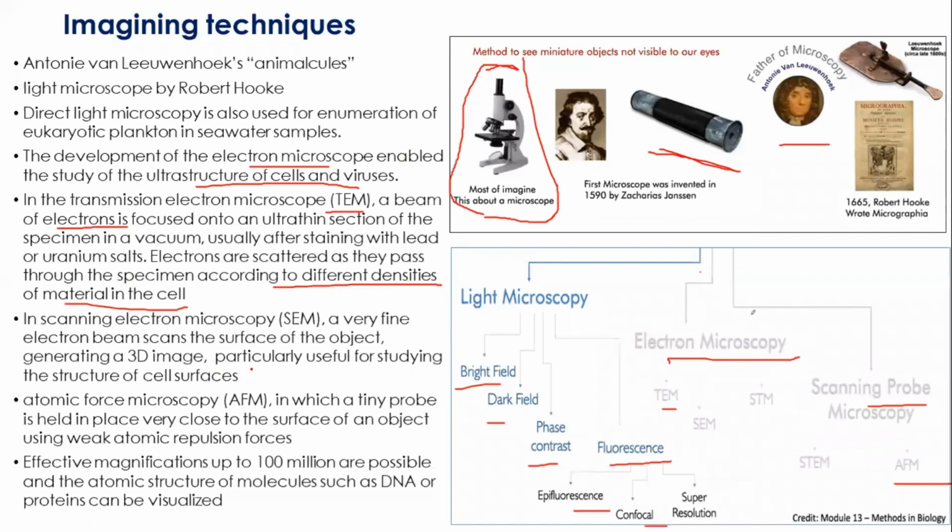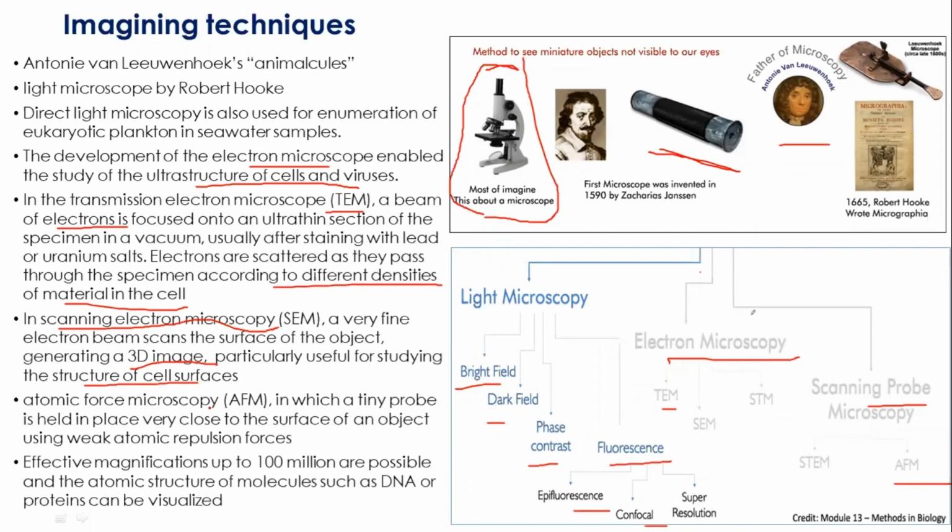When we talk about the SEM, that is scanning electron microscopy, the electron beam is mostly used in order to generate a 3D image, or mostly we can say the structures of the cell surfaces. So TEM is mostly used to study the inside part of the cells. SEM is mostly used in order to study the structure of the cell surfaces.